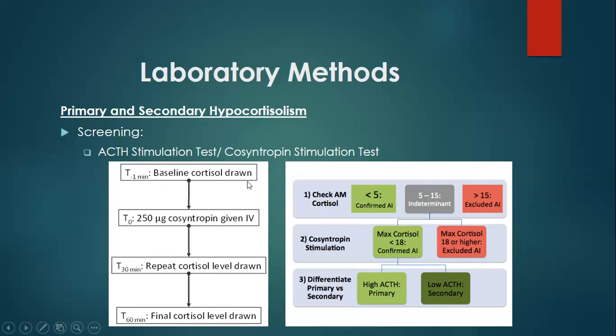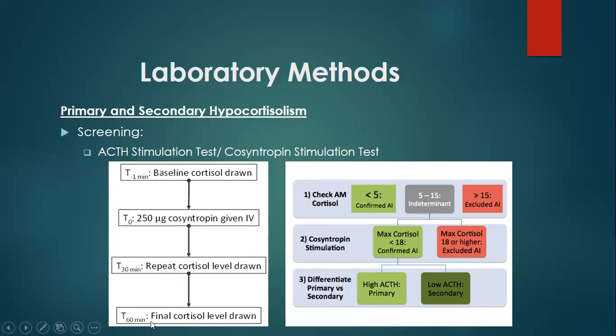After we have taken the baseline cortisol level, we administer 250 micrograms of cosyntropin IV, and after 30 minutes, we collect a sample again for a repeat cortisol measurement. Then after an hour, we get another sample for the final cortisol level.